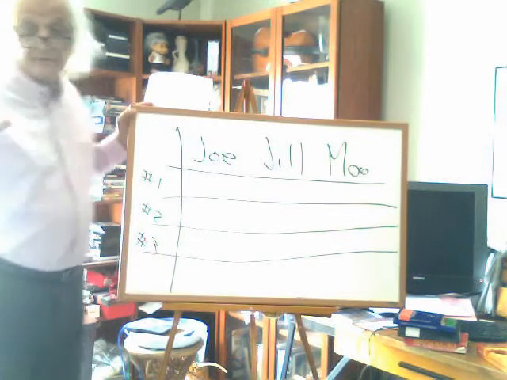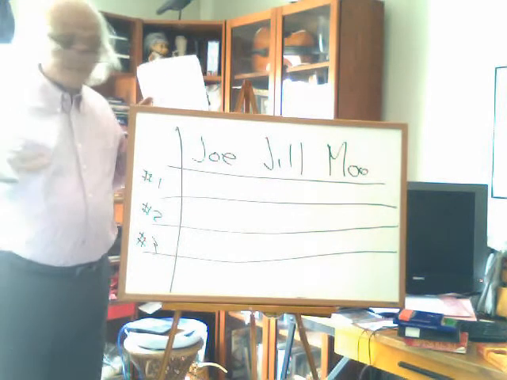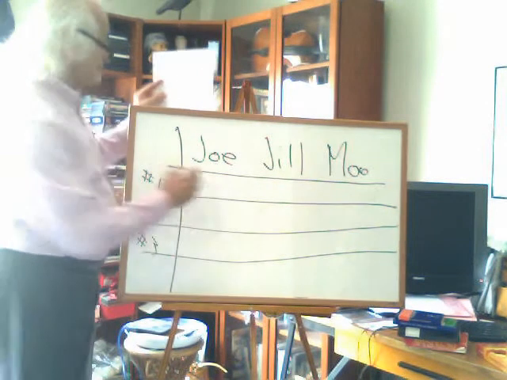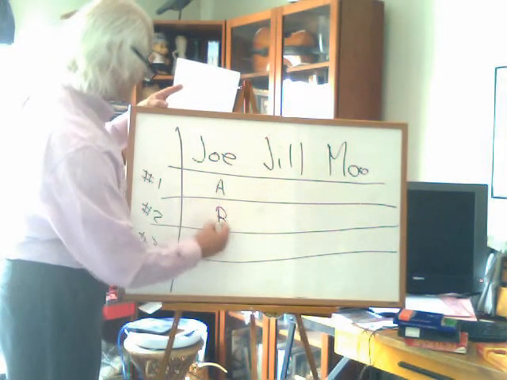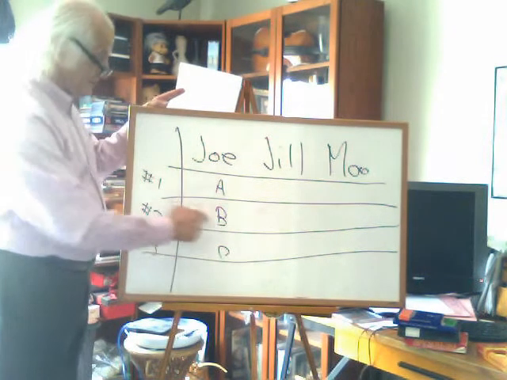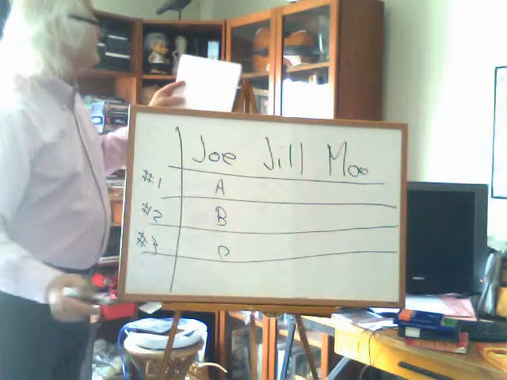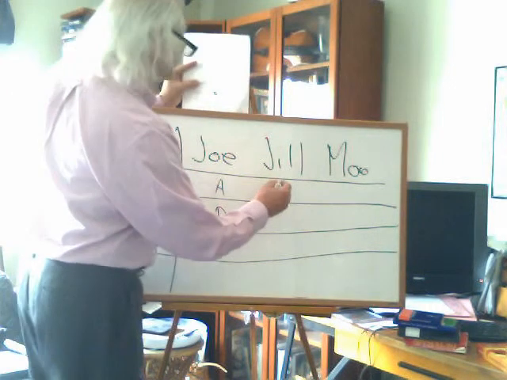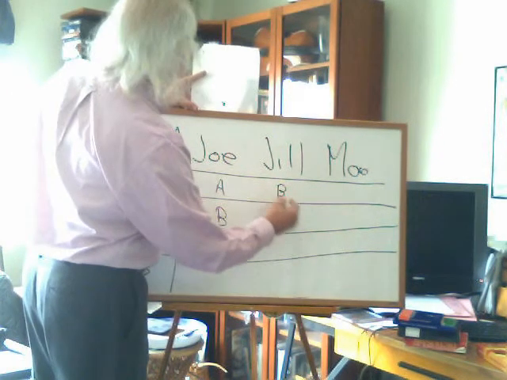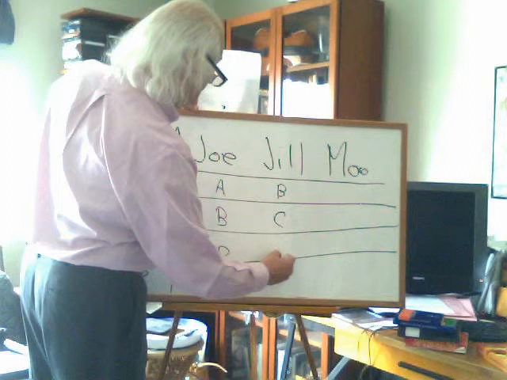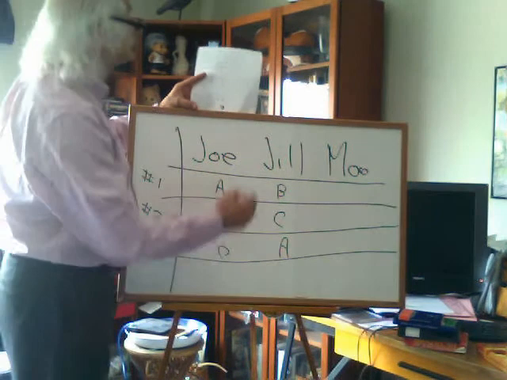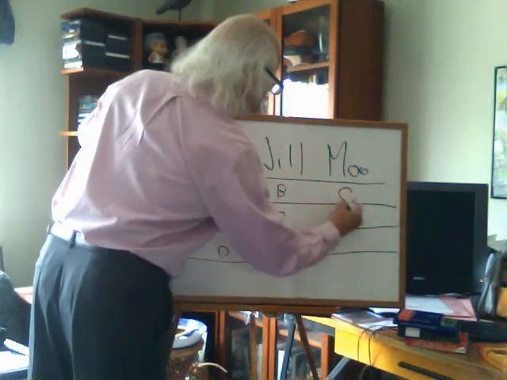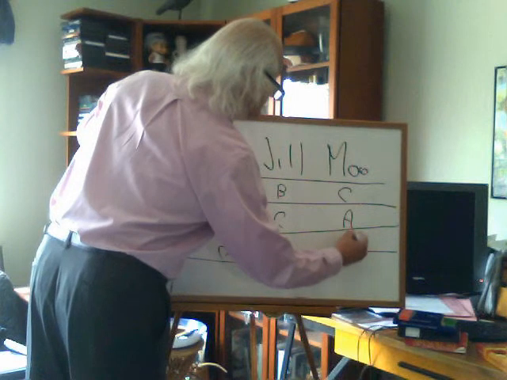So these are 3 different projects. Now this individual ranks them as A, B, and C. A is 1, B is 2, C is 3. The second individual ranks them as B, C, and A. The third individual ranks them as C, A, and B.